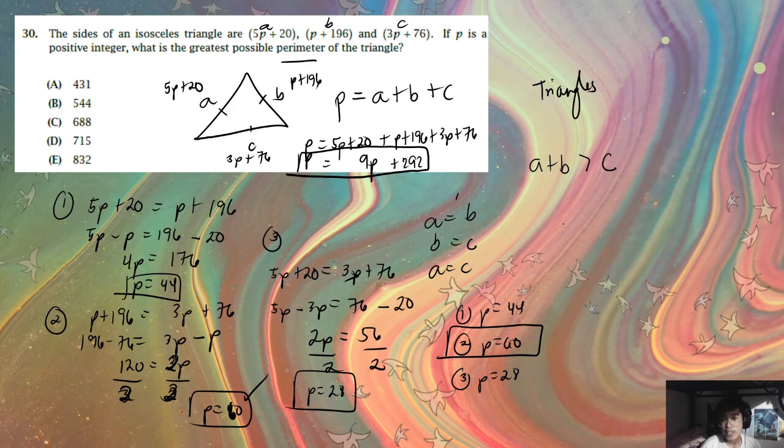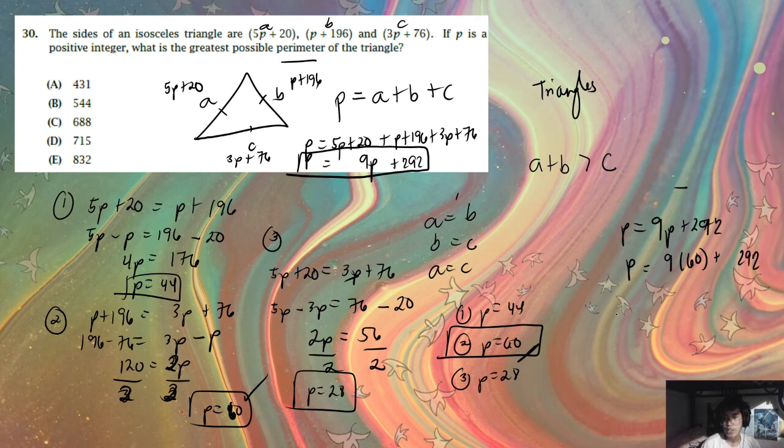For this triangle, since the perimeter of the triangle is equal to 9p plus 292, we can substitute the value of our small p, the biggest one, which is 60. So that's 9 times 60 plus 292.